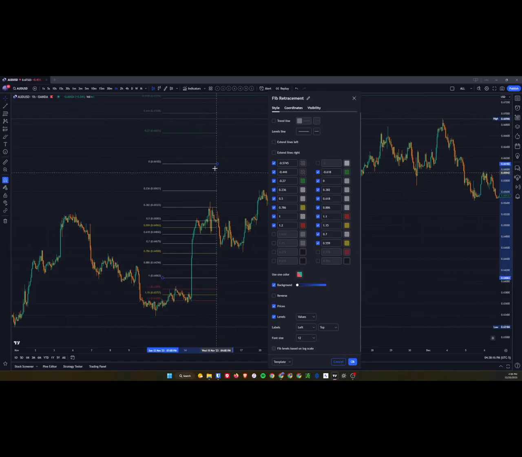Everything from 0 to 1 is used for retracements. Everything below 1, or technically, if you're looking at the numbers, everything above 1, 1.1, 1.15, 1.2, I use all of these for determining stop losses.